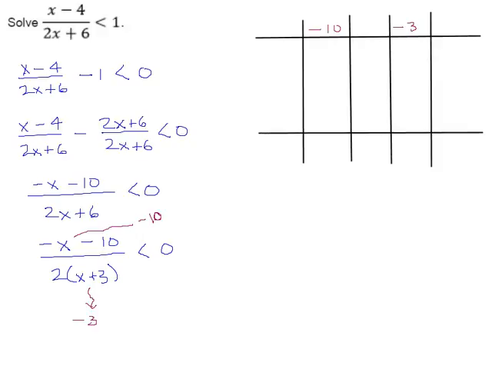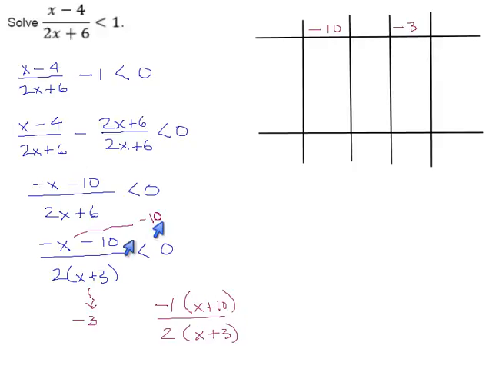And the pieces we have to worry about are our minus x minus 10. I wish I'd factored a negative 1 out of that. You know what? I'm going to do that. If we take a minus 1 out of here, we get minus 1 times x plus 10 over 2 times x plus 3. That's better.